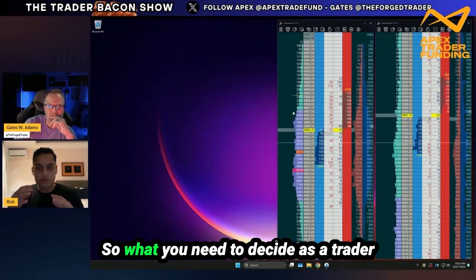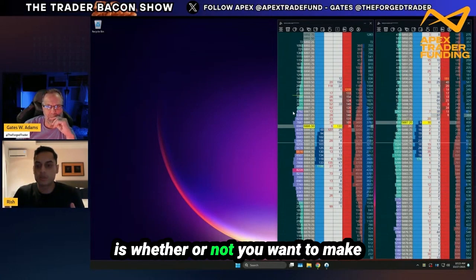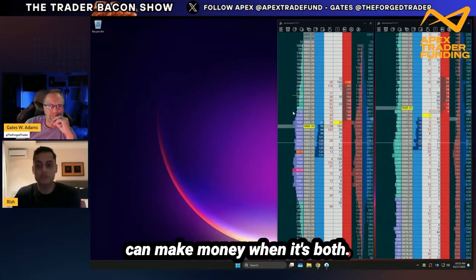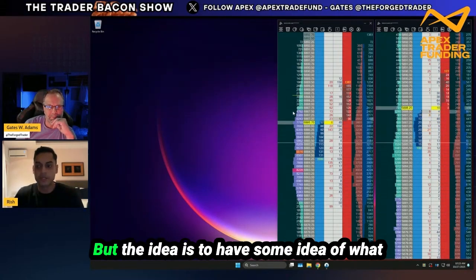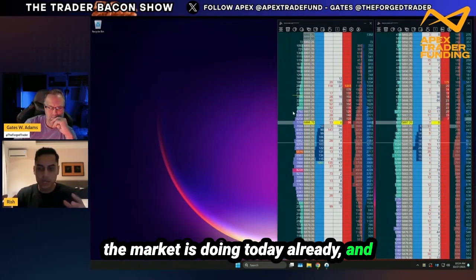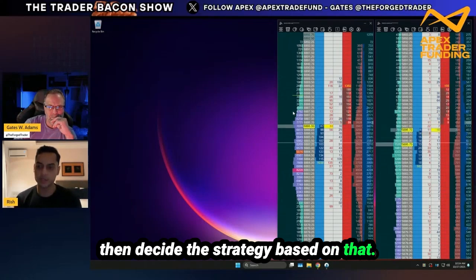So what you need to decide as a trader is whether you want to make money when it's chopping, or you want to make money when it's trending. And if you're good enough, you can make money when it's both. But the idea is to have some idea of what the market is doing today already, and then decide the strategy based on that.